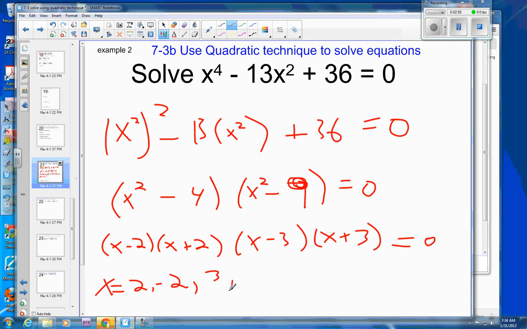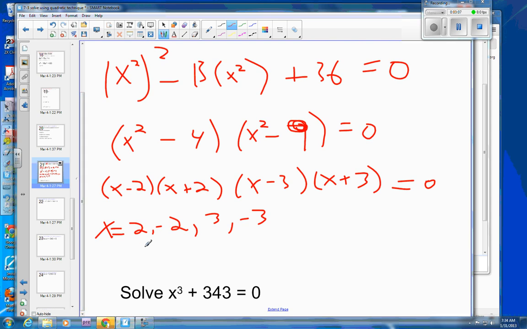And this x here would make a negative 3. And there would be 4 solutions. And notice that the degree of our polynomial is 4, and we have 4 solutions. So I would write that as plus or minus 2, plus or minus 3. That's the neatest, cleanest way to write it, and lots of books will have your answer written that way in the back.